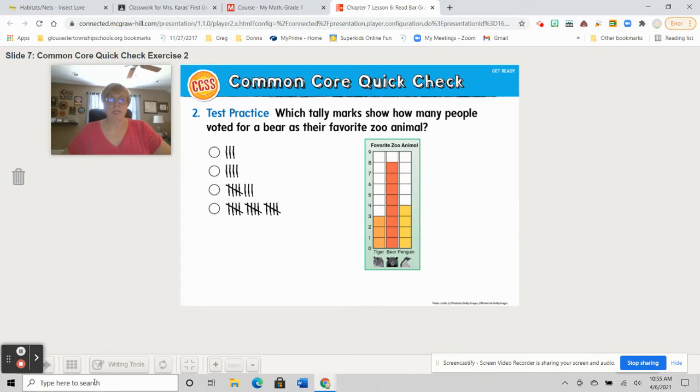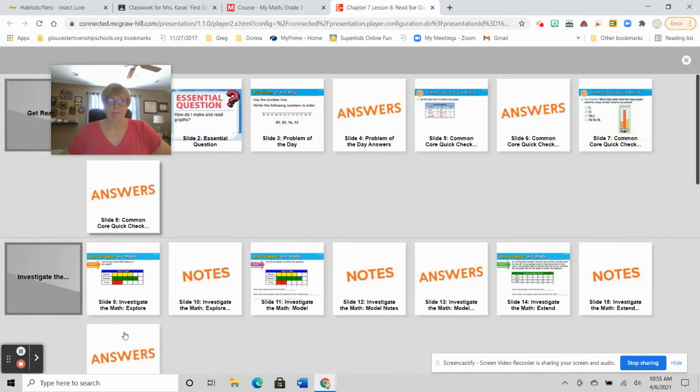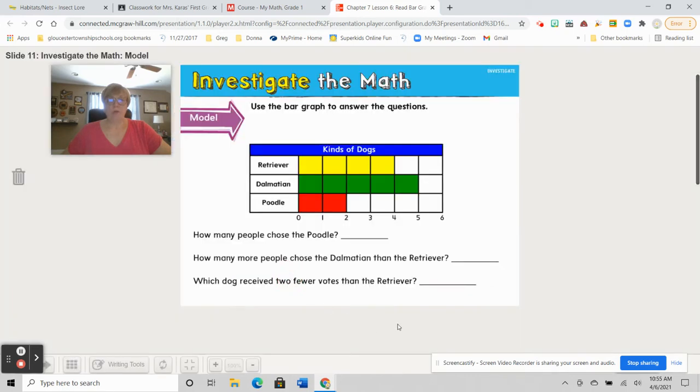So if you would like to pause and choose your answer, go ahead. You can write it on your whiteboard and then come back and check. And the answer was 8. People chose the bear.